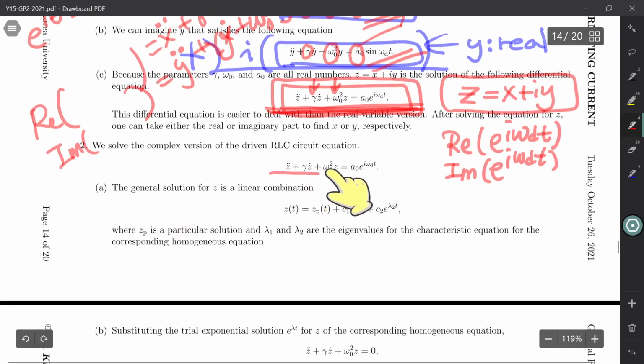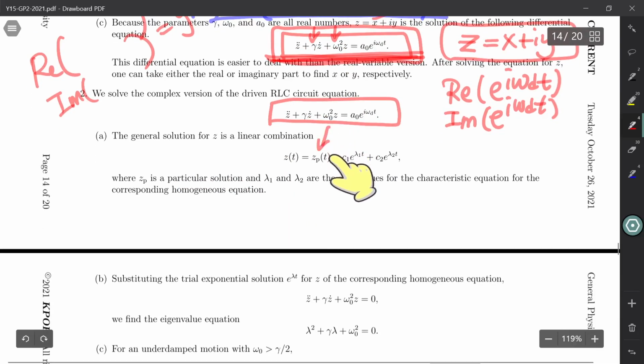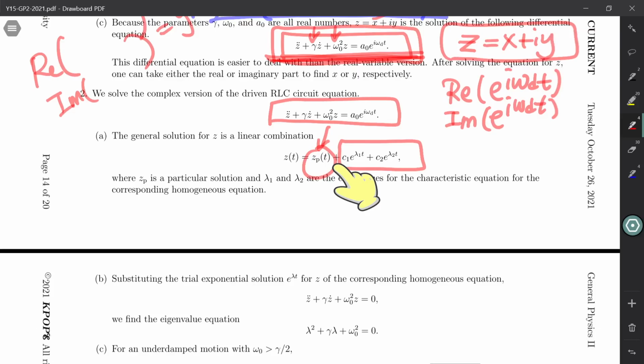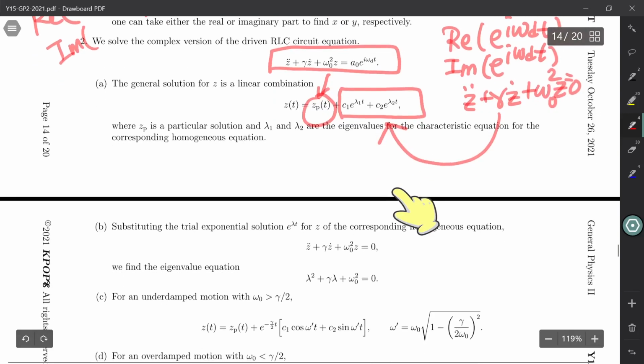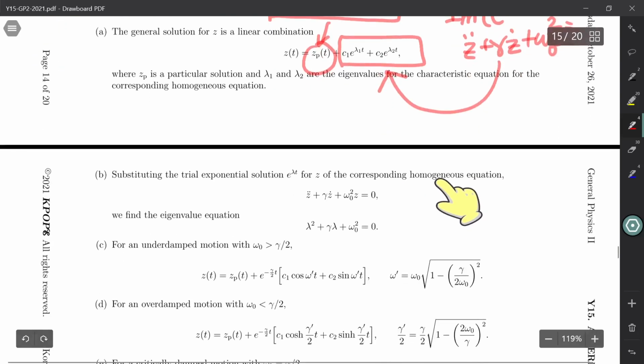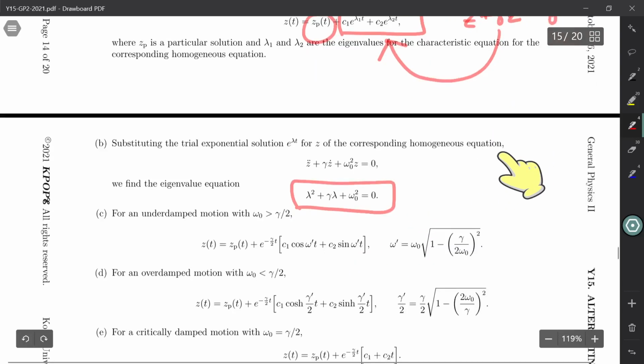So let us solve this problem. Again, it must be a linear combination of a particular solution and a linear combination of two linearly independent solutions for the homogeneous equation. Lambda 1 and lambda 2 are solutions for this eigenvalue equation.